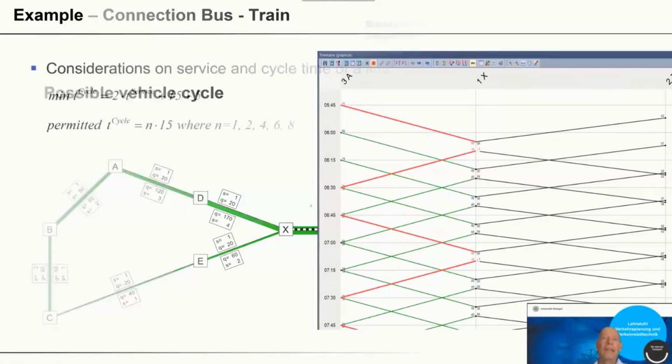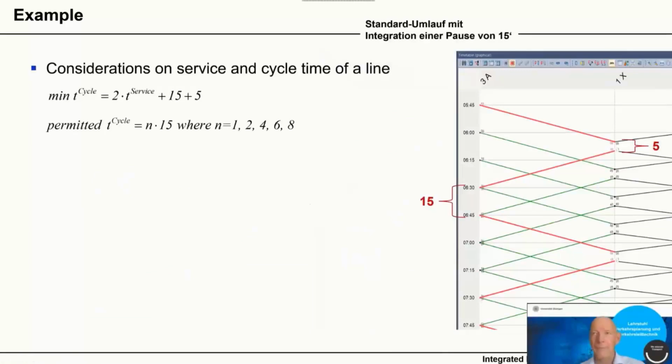And if I assume this pattern, I can think of suitable service times. Here you see my pattern. I have service time, layover time, service time, layover time. So I can write an equation which says my cycle time is the service time multiplied by 2 plus my fixed time for the layover, 15 minutes and 5 minutes.